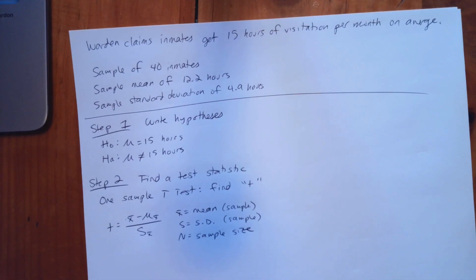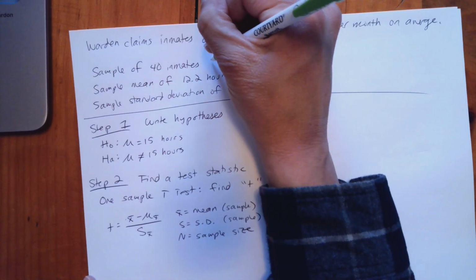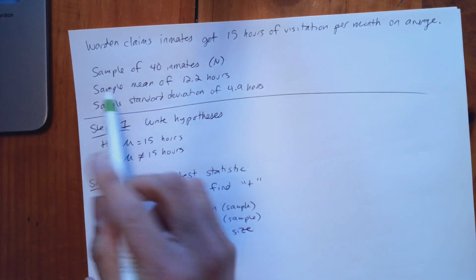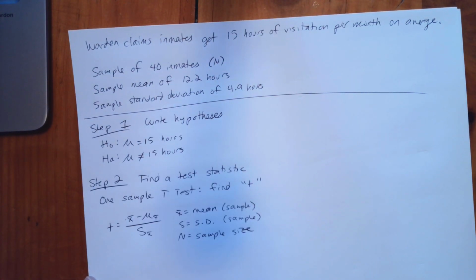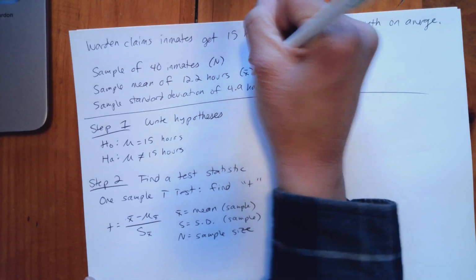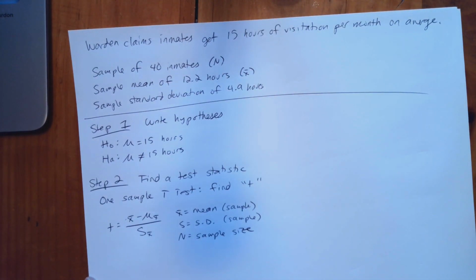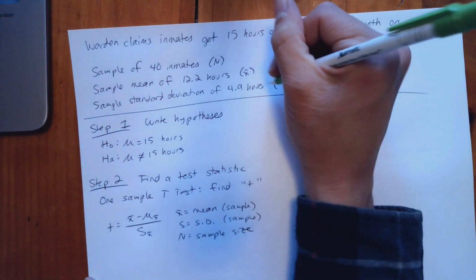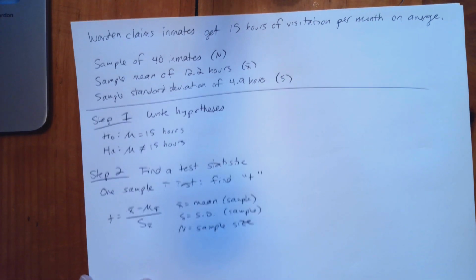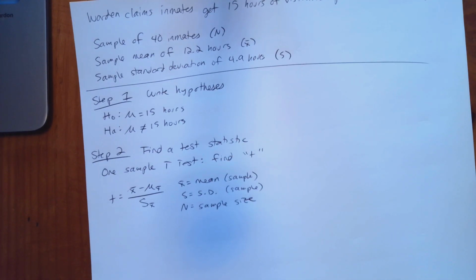So if we look at this information I gave you up here, sample of 40 inmates means that we have a sample size of 40. Sample mean of 12.2 hours, that's our x bar, or our sample mean. And our sample standard deviation of 4.9 hours is going to be S. So we can take all this stuff and start plugging it in.